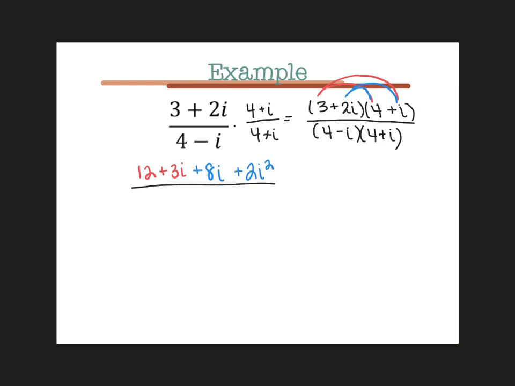In the denominator, I get 16 plus 4i minus 4i minus i squared.